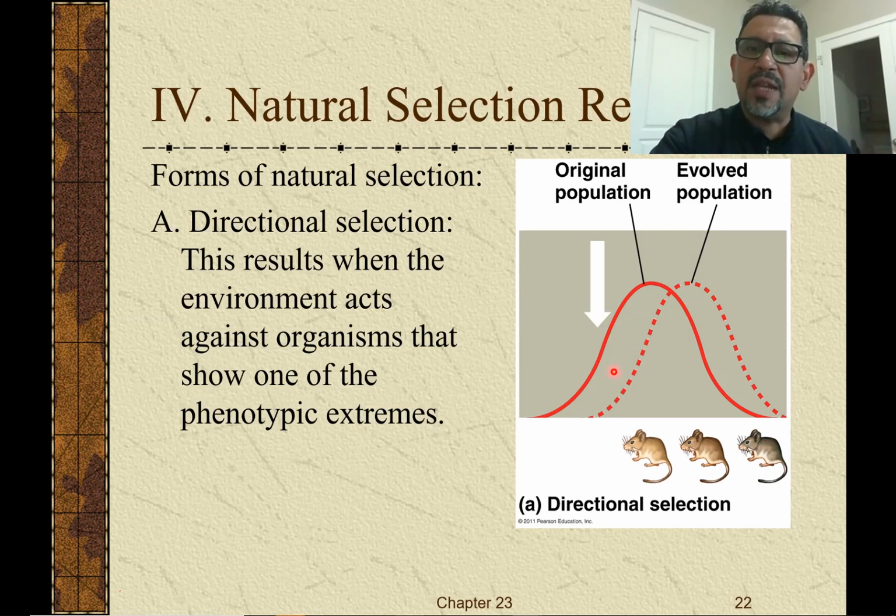Natural selection will shift the color of those mice in the direction of those with a darker fur. As you've learned before, mice that live in those dark lava rocks and have this darker fur color have a higher chance of survival and eventually reproduction. So this shift is going to be in one direction. Individuals in one extreme are going to be the ones that are most successful at surviving and reproducing. And that is one way in which natural selection can proceed.